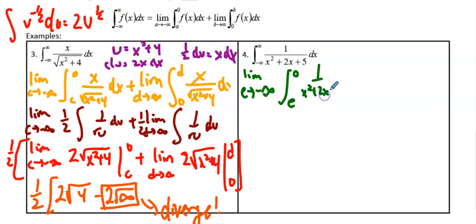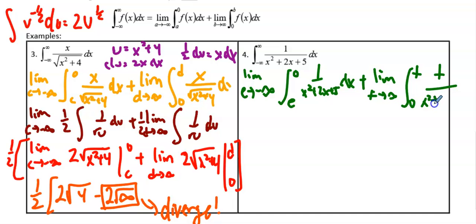If they're free response questions, you want to show all this work. Plus the limit as f approaches positive infinity of the integral from 0 to f of 1 over x squared plus 2x plus 5 dx. And just because it bothers me, I'm going to make that actually look like a 1.